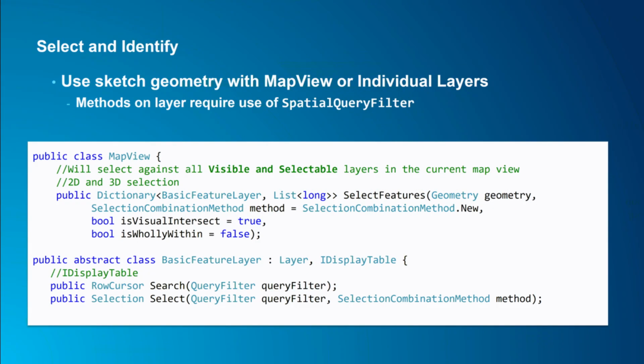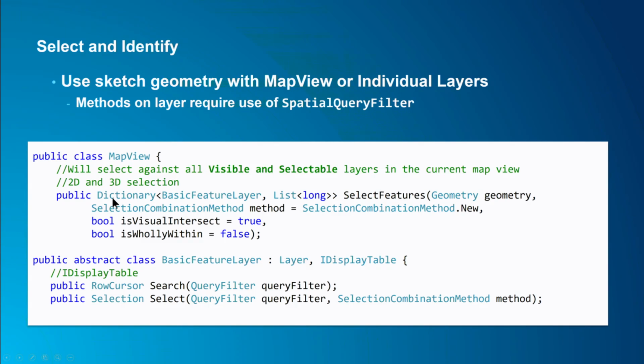So selection and identify. We usually use the sketch tool with a map view or individual layers to select certain geometries. So there's methods on the layer that require a spatial query filter, but the methods on the whole map view don't require this.